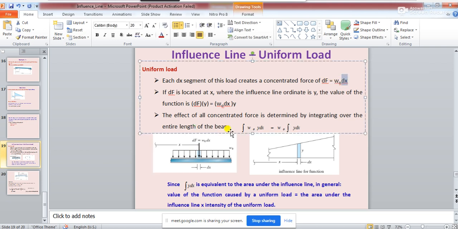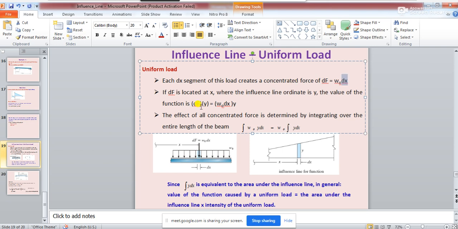If your uniformly distributed load is W0, then what will be the concentrated force because of this? For a very small infinitesimal length, the equivalent concentrated force will be dF, and this dF will be nothing but the load multiplied by the length. So uniformly distributed load multiplied by the length.